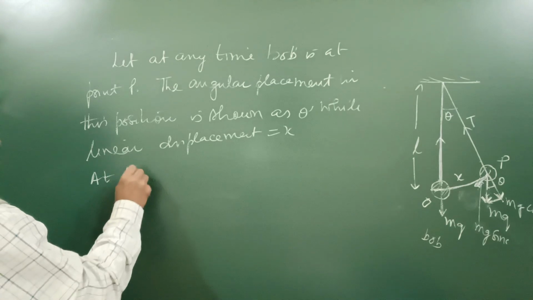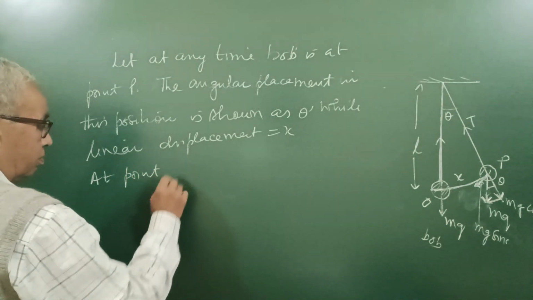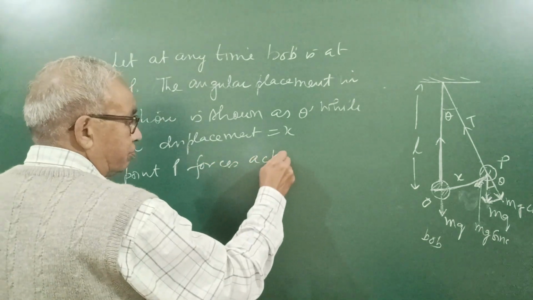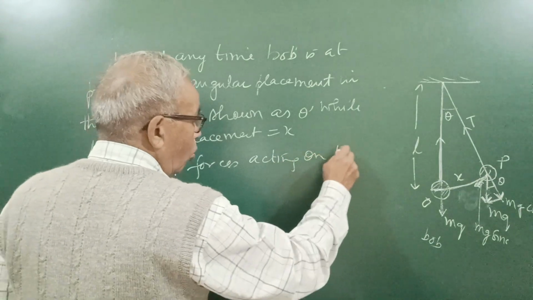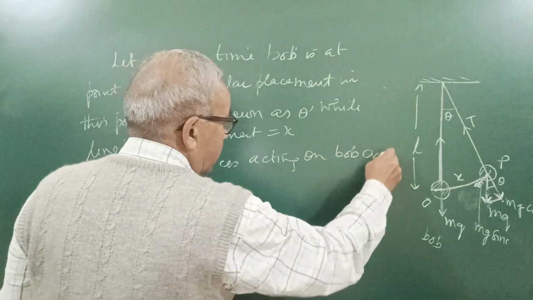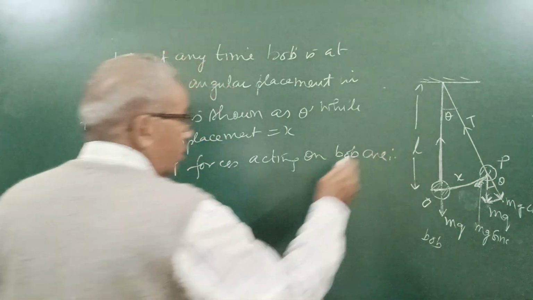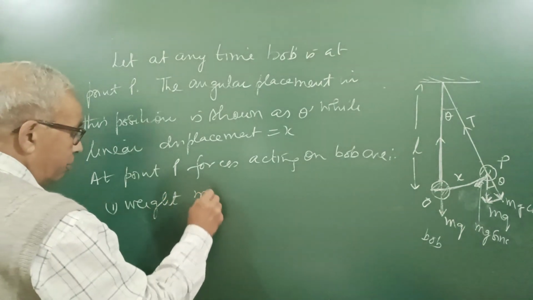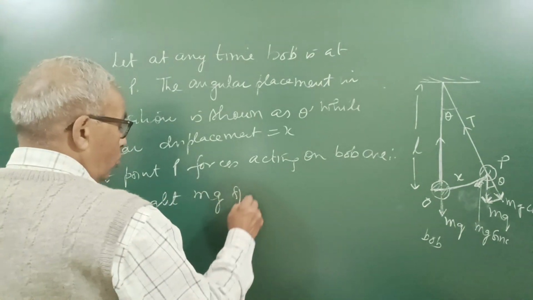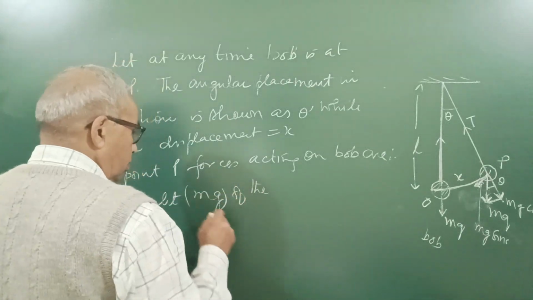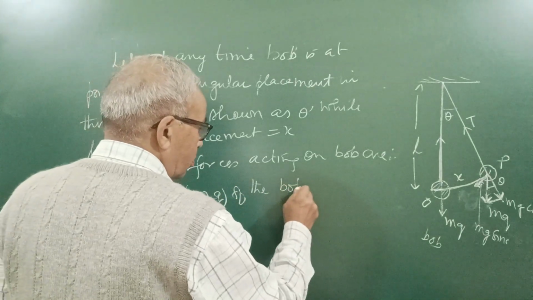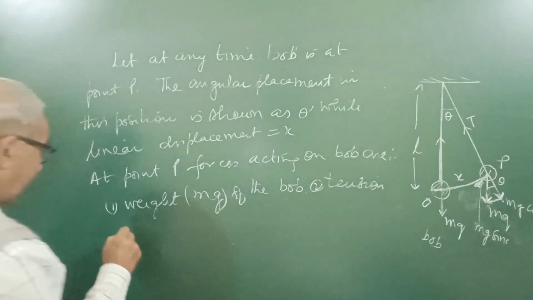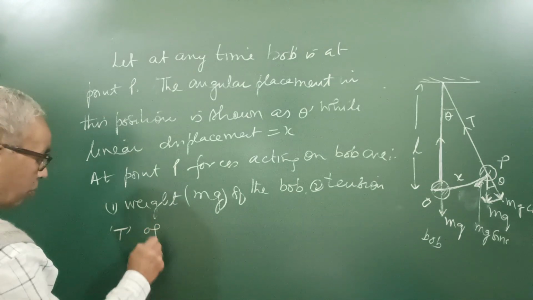At point P, the forces acting on the bob are: number one, the weight mg of the bob; number two, the tension T of the string.